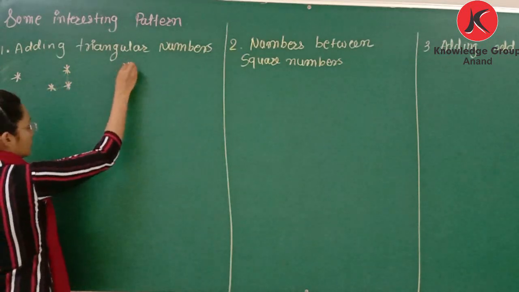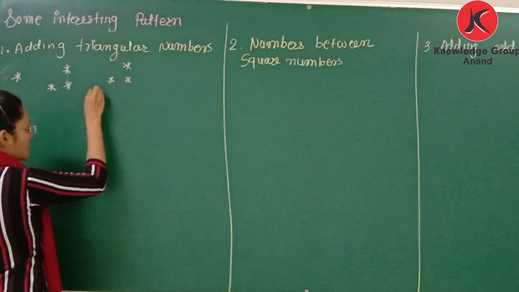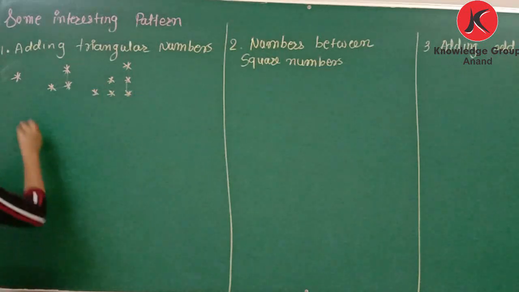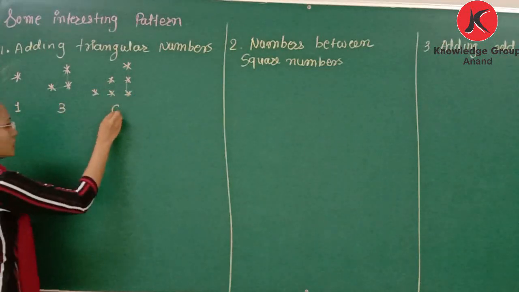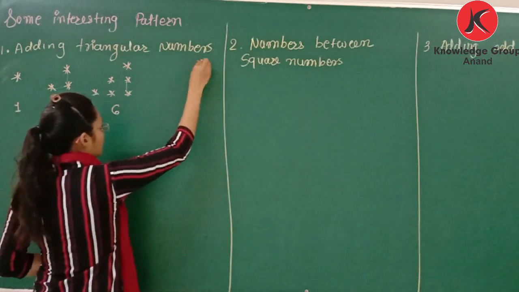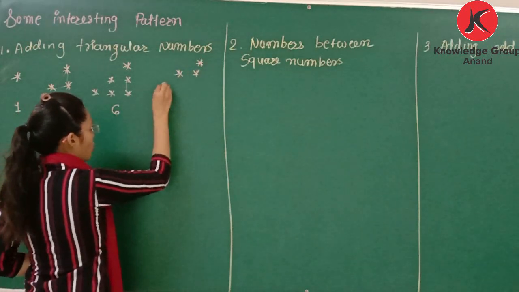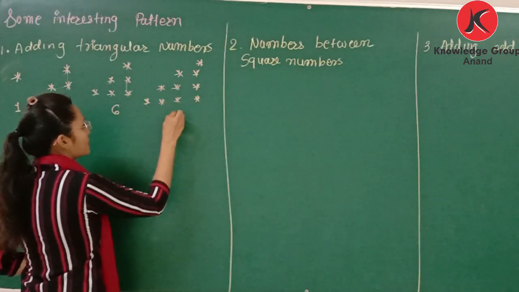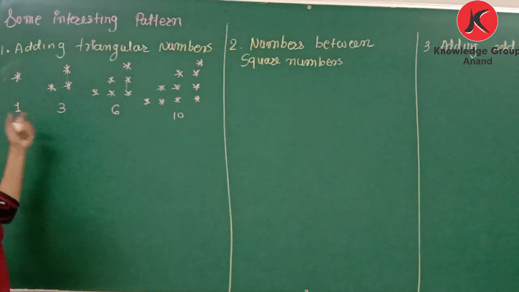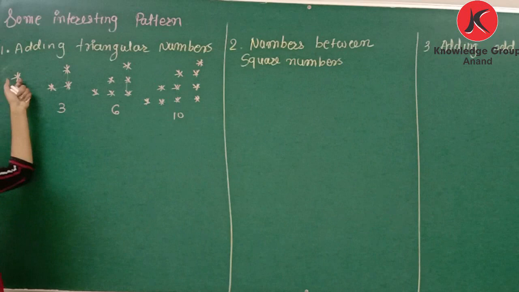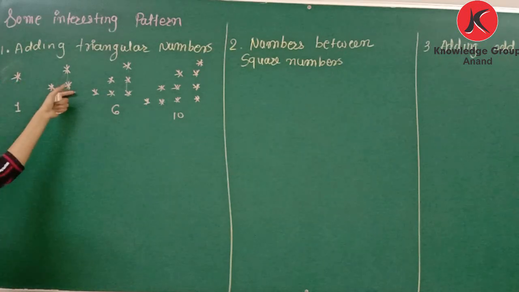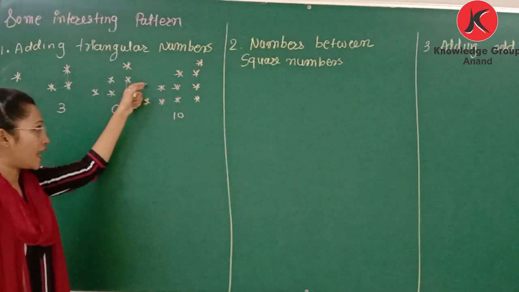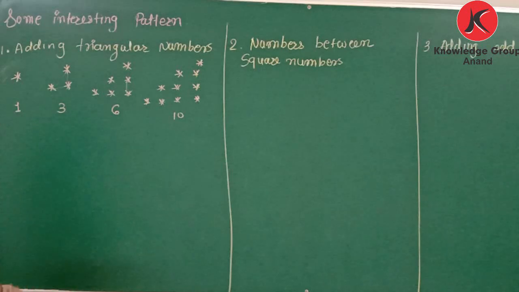Now 6 is also a triangular number. You can see there is also one triangle for this. So this is number 1, this is number 3, this is number 6. After 6 there is a 10, that is also represented as a triangle. 1 can be represented as a 1 star, so it is also a triangle. 3 can be represented like this, so it is also a triangular number. 6 is also represented as a triangular number, and 10 is also represented as a triangular number.